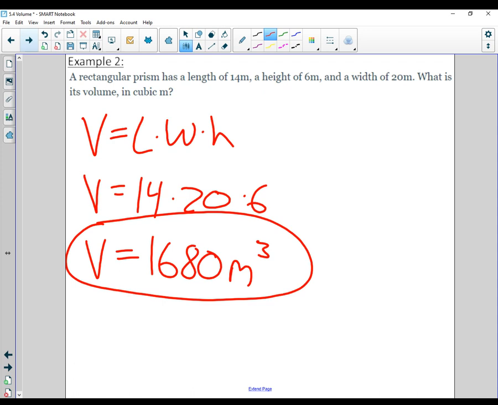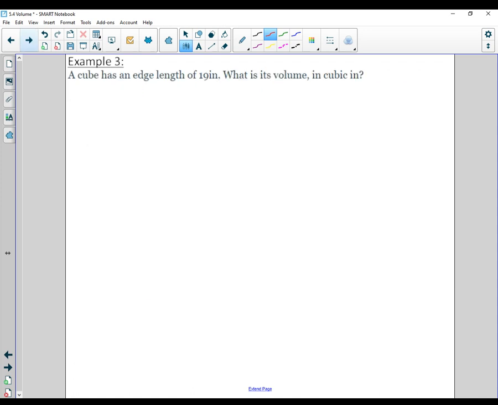Okay? We're used to that stuff. A cube has an edge length of 19 inches. What is its volume? How would I do this one? What's special about a cube?